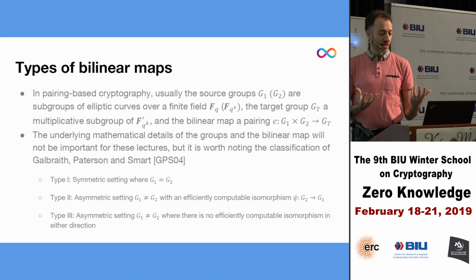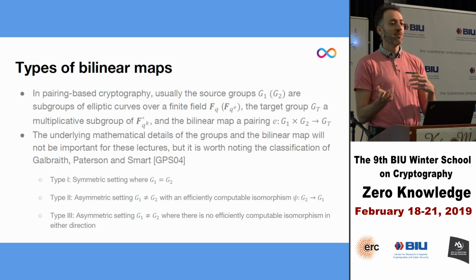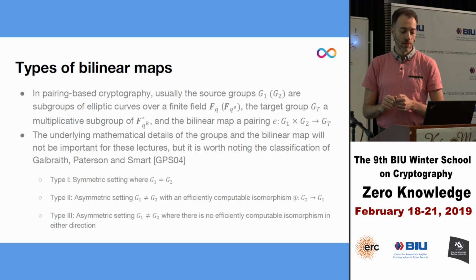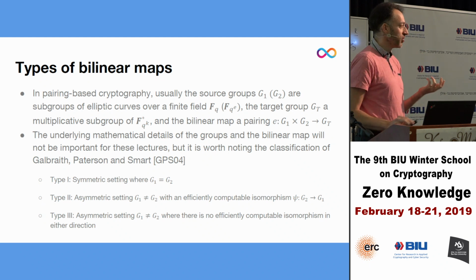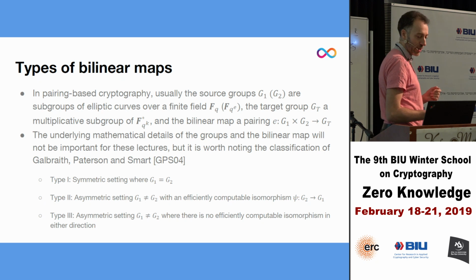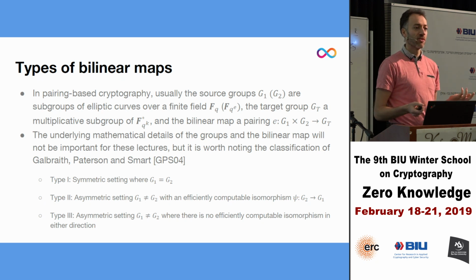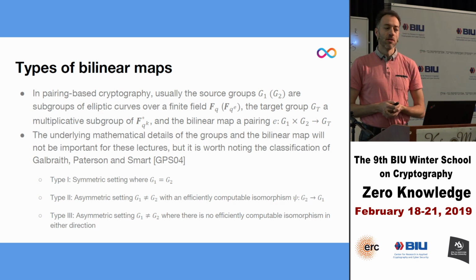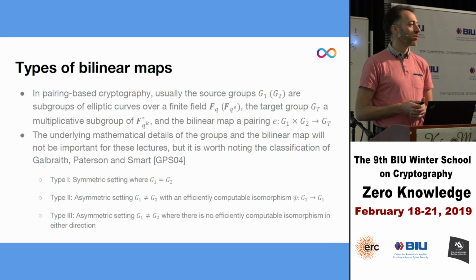Okay, and then there's another asymmetric setting where there's no efficiently computable isomorphism in either direction. And it's this latter setting, the type 3 setting, that we'll be using in this talk here. And I think in general is the one that people should be using because those are the most efficient groups with the smallest elements and the most efficient computation.